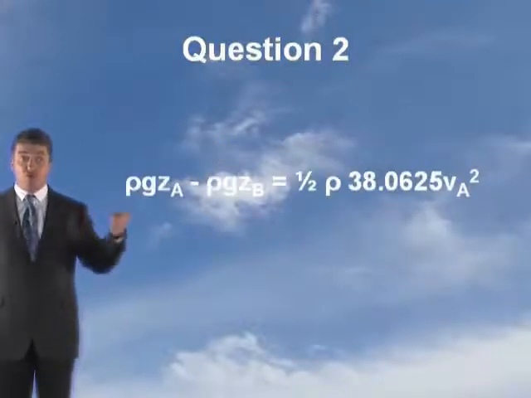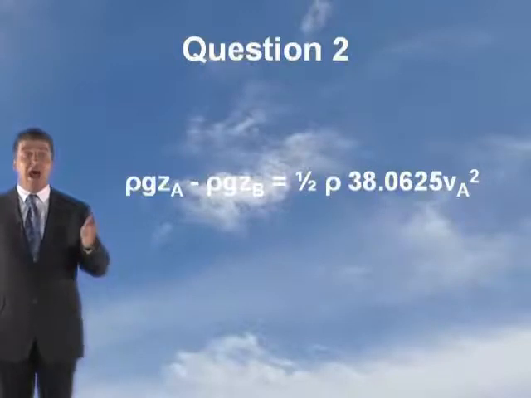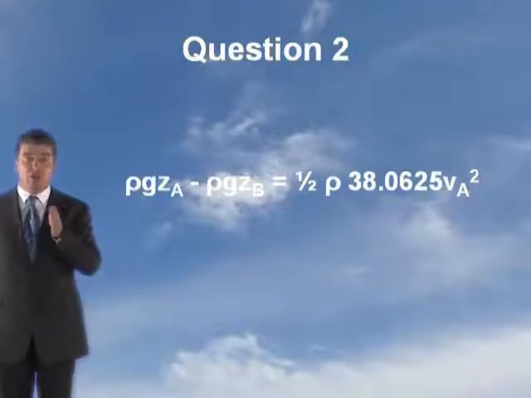It gives you rho g zA minus rho g zB equals half rho 38.0625. So you've taken rho g zB out of one side, moved it across by taking it away, and you've taken away one of the velocity energies. So it gives you that formula.